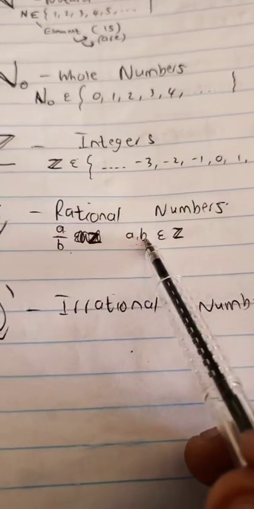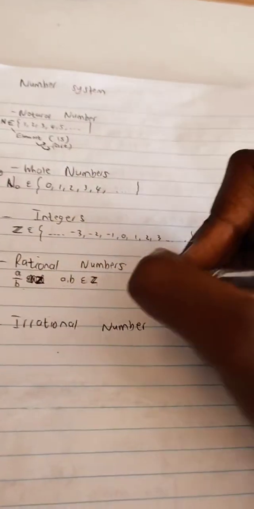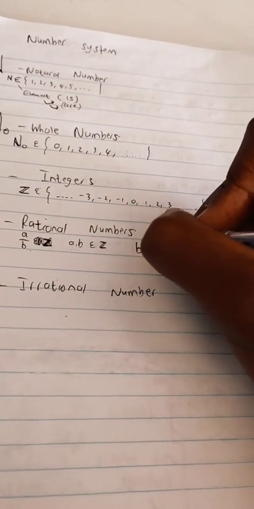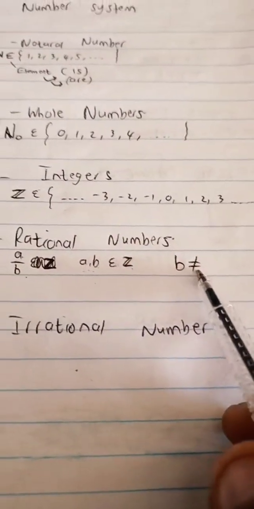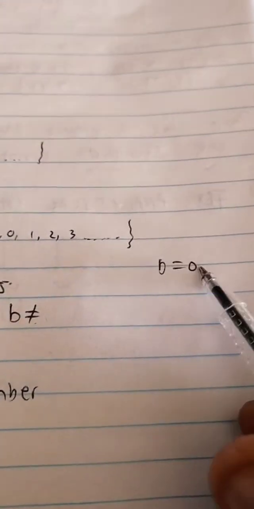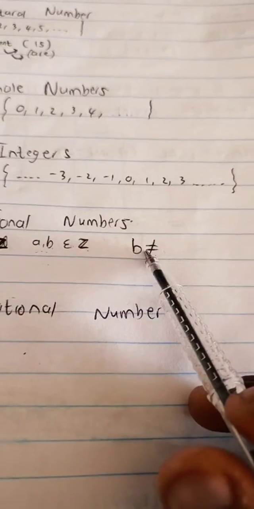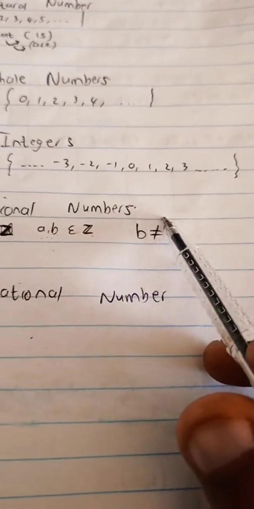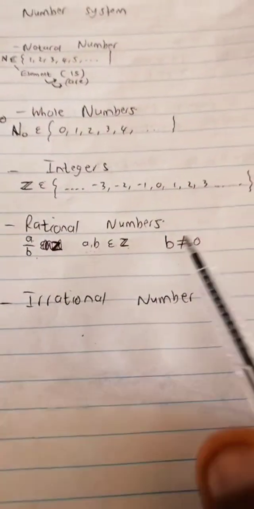Your A and B are elements of the integers. But B, and please guys, this is another symbol: B with an equal sign means B is equal to 0, but the minute you put a vertical line across the equal sign, it means B cannot be 0.